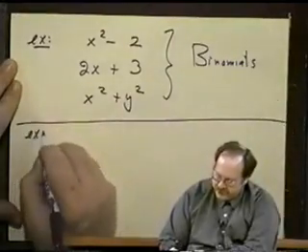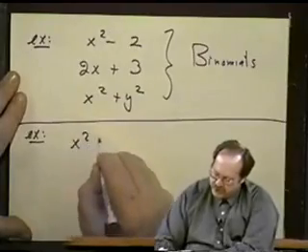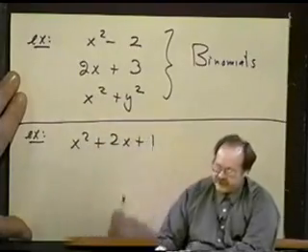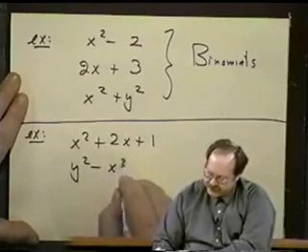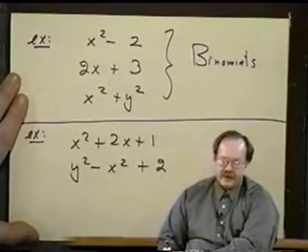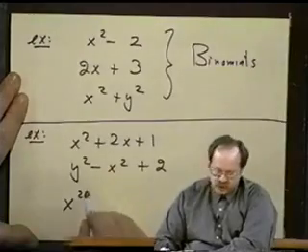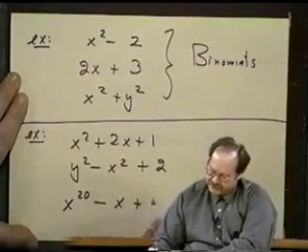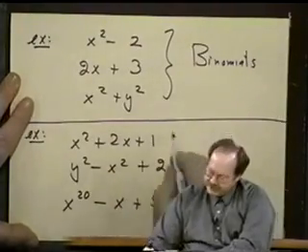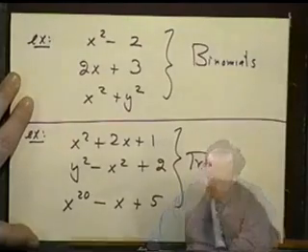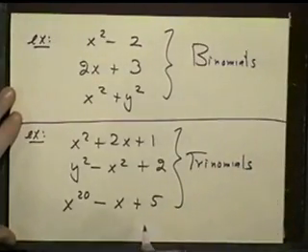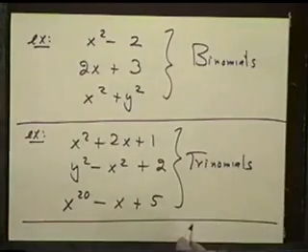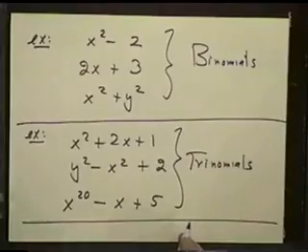Likewise, just for the record, x squared plus 2x plus 1 is a trinomial. y squared minus x squared plus 2 is another trinomial. x to the 20th minus x plus 5 is a trinomial. So these are all trinomials. They have three. And for the rest of them, as I say, we just call them generically polynomials. We don't have any special names.